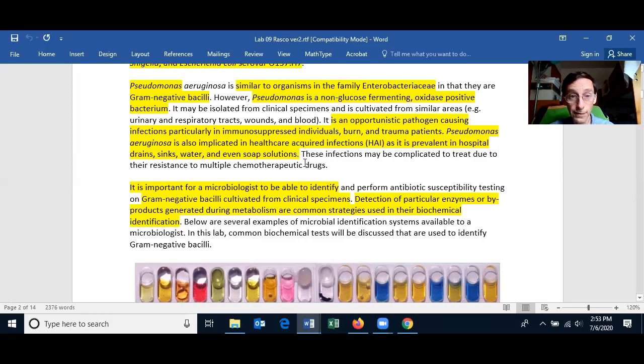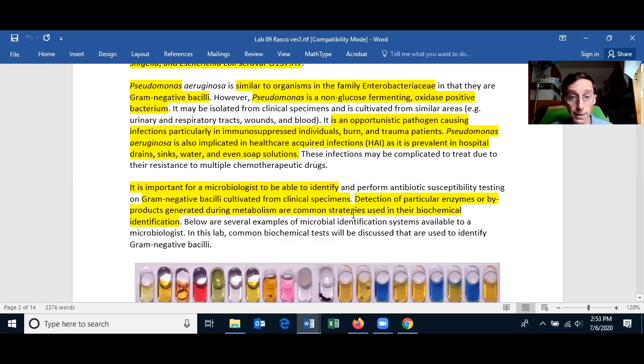Pseudomonas aeruginosa is also implicated in healthcare-acquired infections, also called HAI, or nosocomial infections, and it is prevalent in the hospital. It's in the drains, the sinks, the water, in the water of flowers, even in dilute soap solutions. So Pseudomonas is found all over the place, essentially any environment where it's wet.